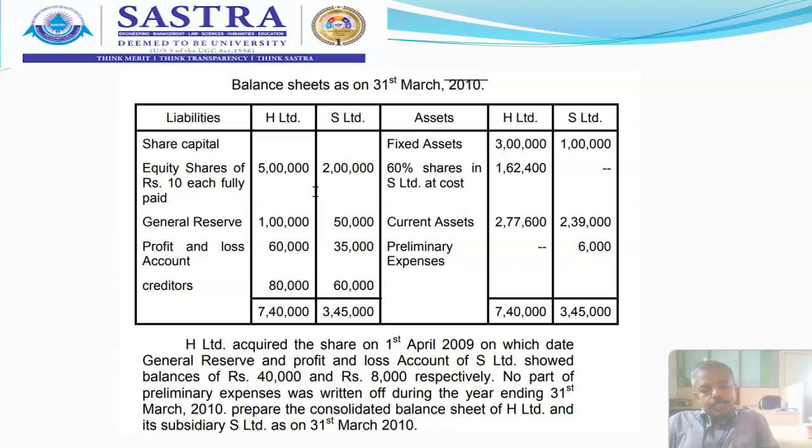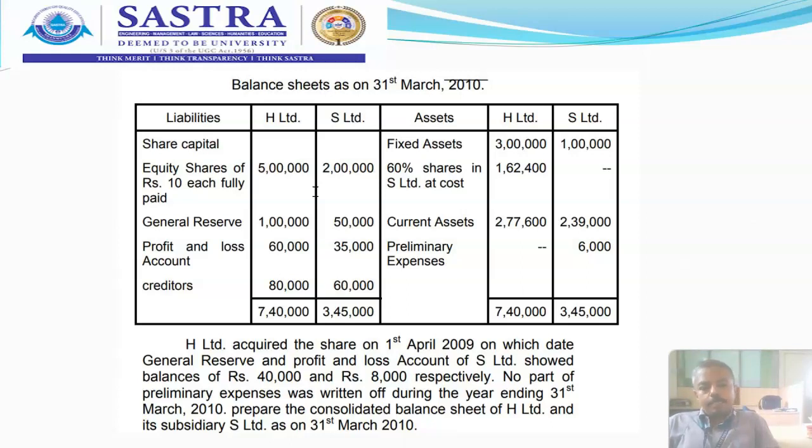Because it is an intangible fixed asset which has been spent earlier by the subsidiary company before acquisition of the business. It's not a real asset. It is an expense made by S Limited either in the beginning of the company's promotion or in the gestation period, but it happened before the acquisition of business by H Limited.